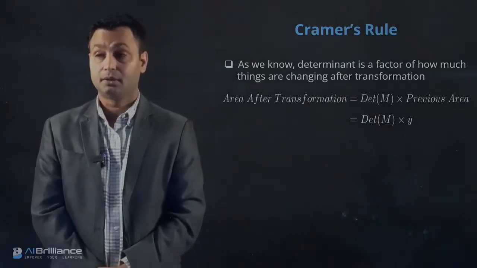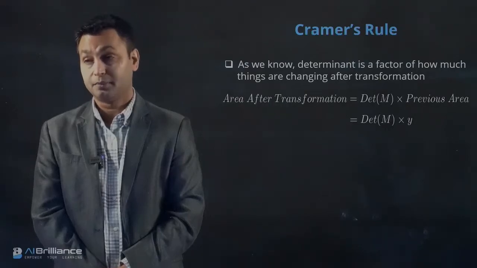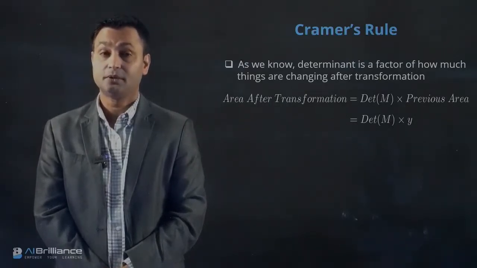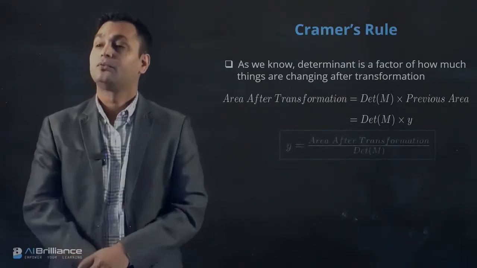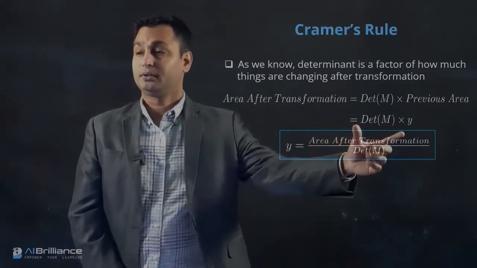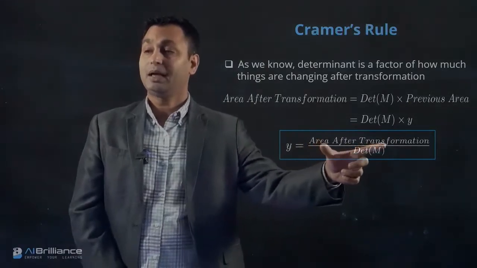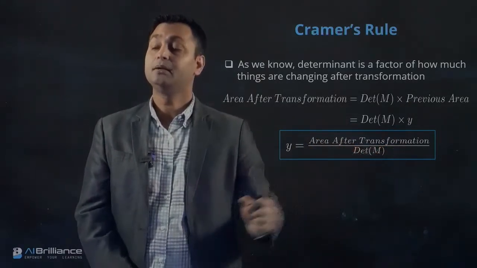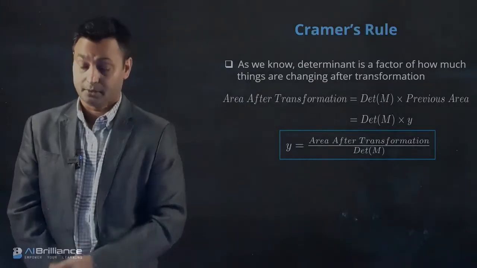As we have already shown in a couple of slides before, this previous area will be equal to Y. So we can solve for Y, where Y is equal to the area after transformation divided by the determinant of the matrix M.